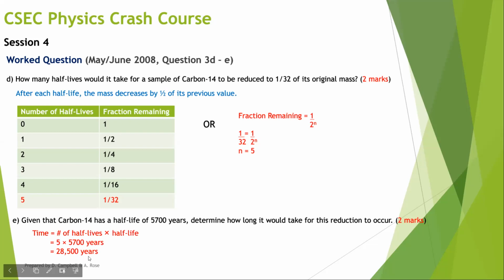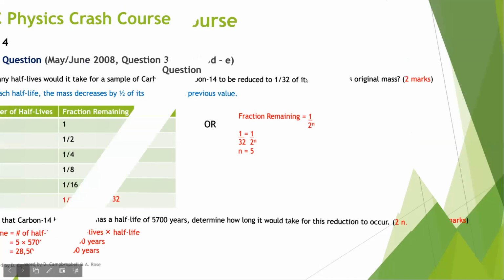So remember, 1 half-life is 5,700 years. So 5 half-lives would be equal to 5 times 5,700. And that's equal to 28,500 years. All right.